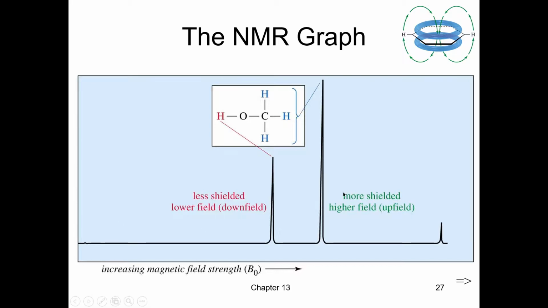That is why it will absorb upfield, and the hydrogen of the OH group is less shielded, so it occurs downfield. Hence two peaks are created here, and the height of this peak is less because there is only one hydrogen attached to the oxygen compared to these three. Hence the peak height will be in the ratio of 1:3.